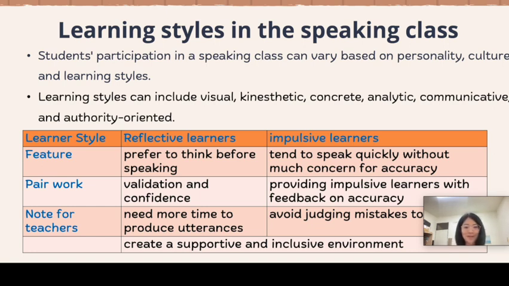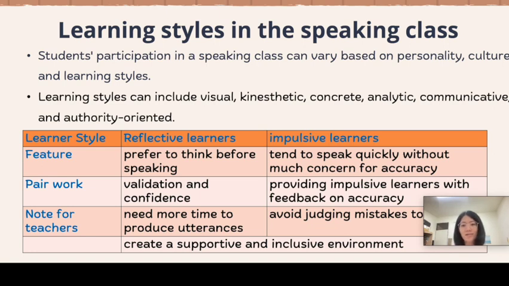And for my personal experience, I tend to be more reflective in the master's course, like teaching pronunciation, while I'm more talkative and impulsive in the course of pronunciation practice. So to cater to both reflective and impulsive learners, teachers can provide structure and opportunities for both groups to excel.